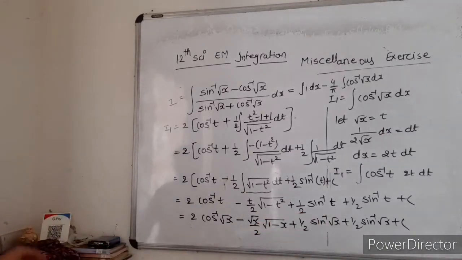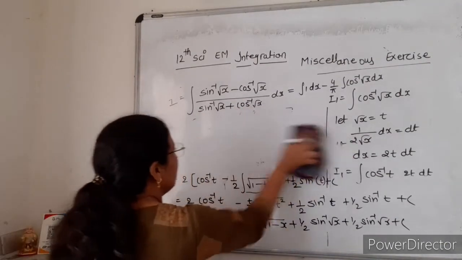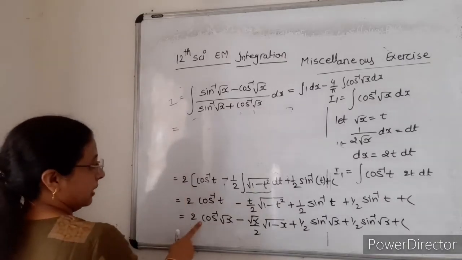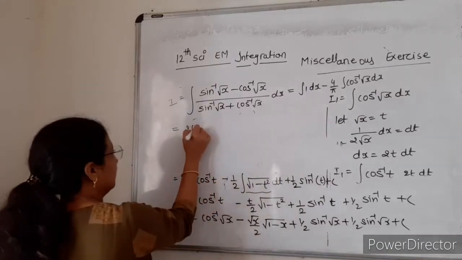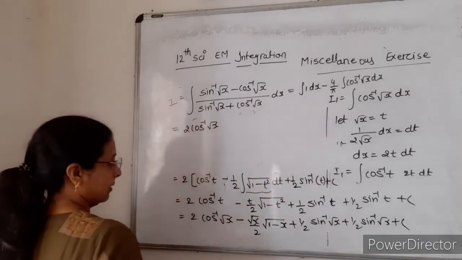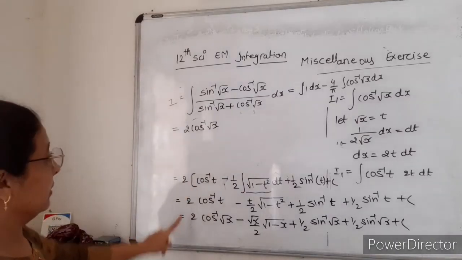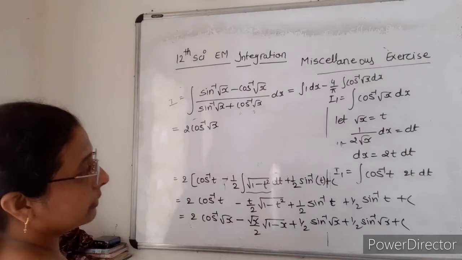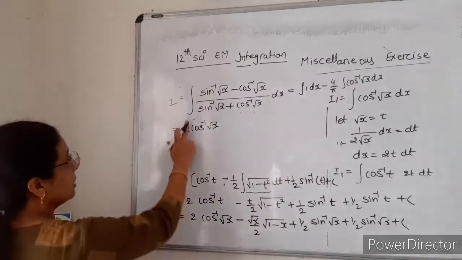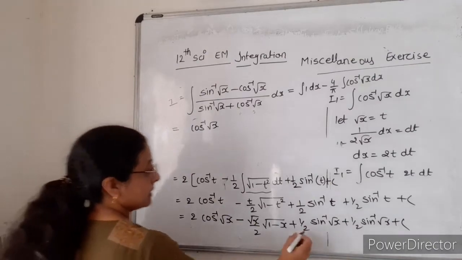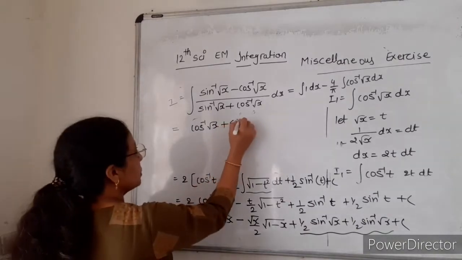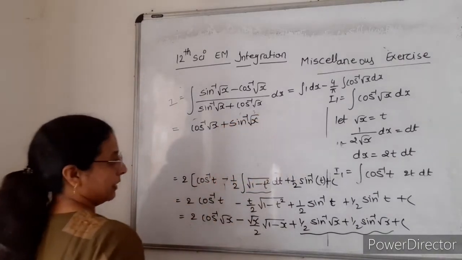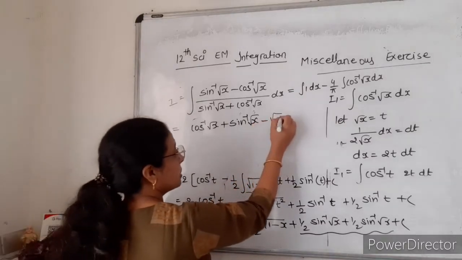So we have to simplify more over that. We still have to simplify. So what we will do is equal to, here it is 2 cos inverse root x, and so it is cos inverse root x plus 1 by 2 into 1 by 2, that is sin inverse root x, which becomes pi by 2 minus cos inverse root x.